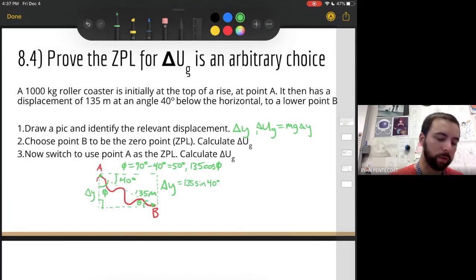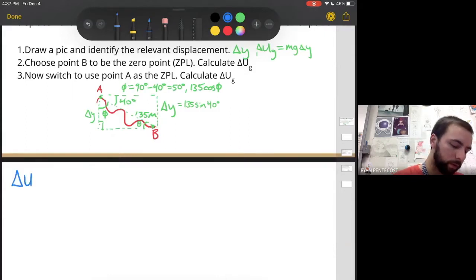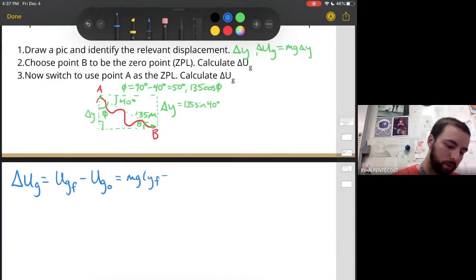So we're going to choose B as the 0 point, or the ZPL, and calculate delta U. Delta UG, the potential energy for gravity, is UGF minus UG naught, which would be mg times y final minus y naught.